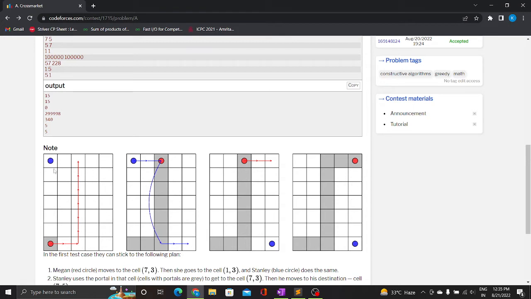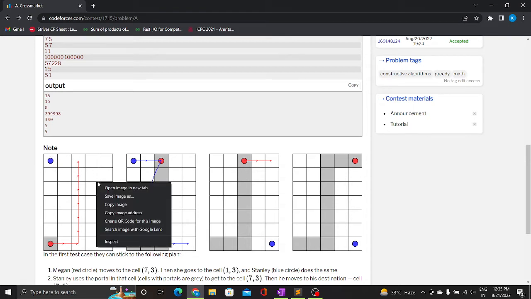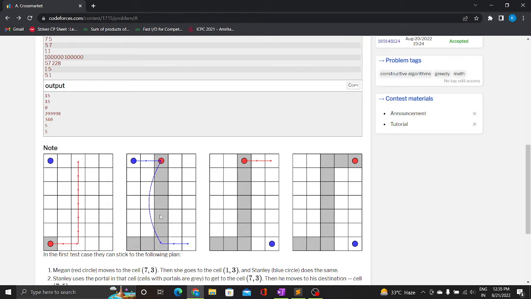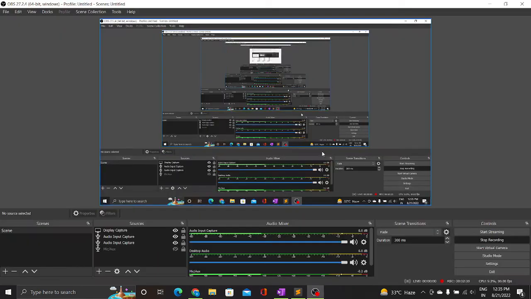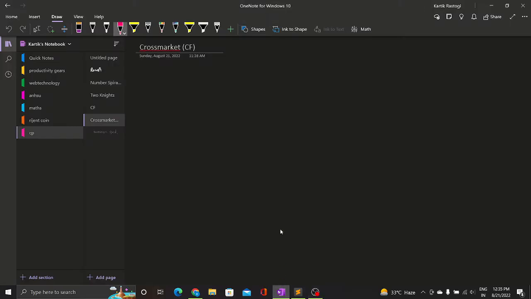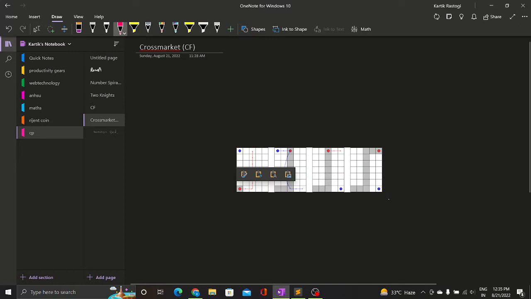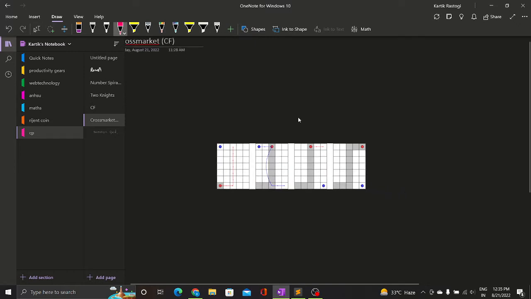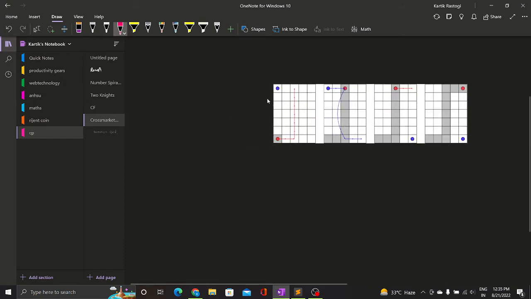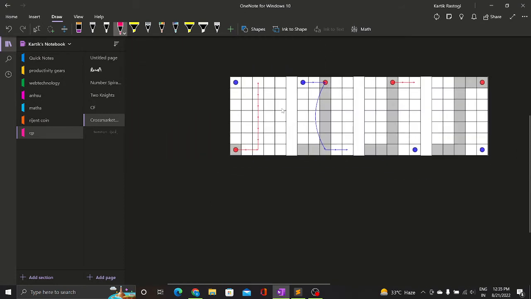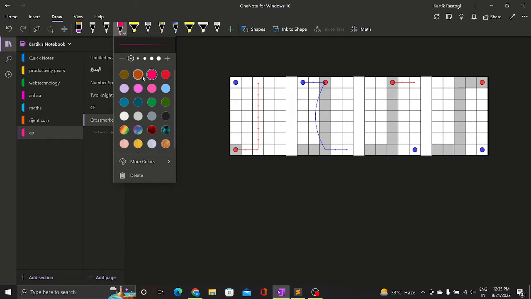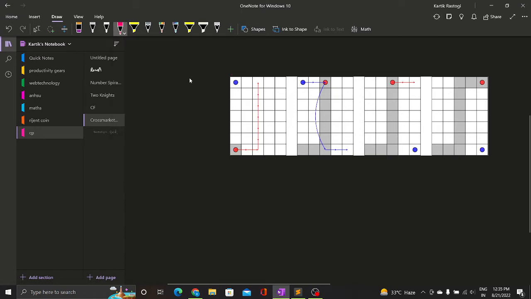Stanley. Okay, let's look at the approach. So the approach is like this. What we need to consider is this.